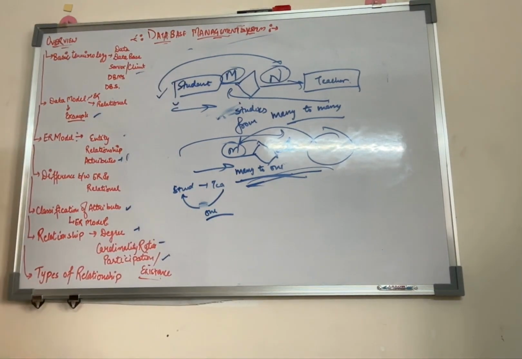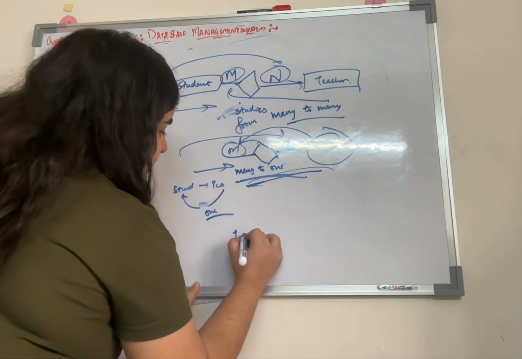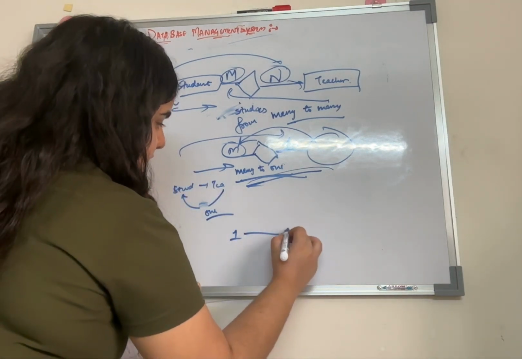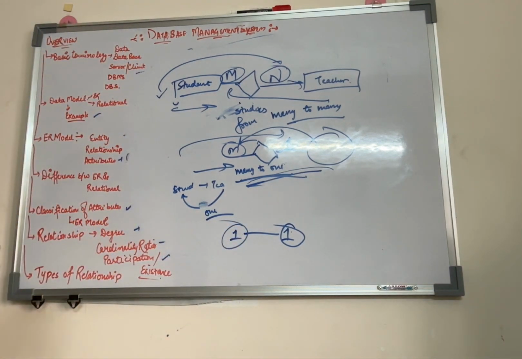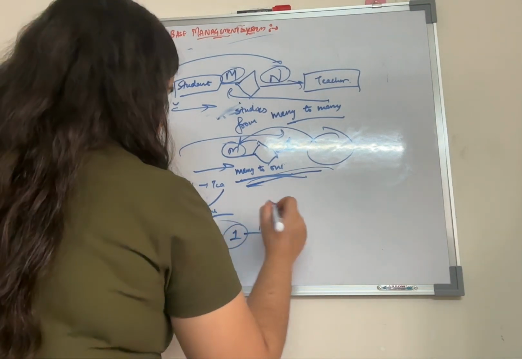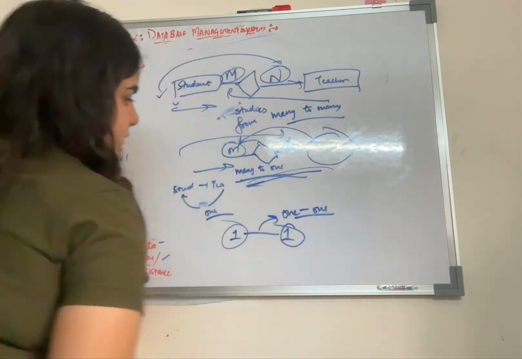So keep this in mind. And also, if I put the condition that only one student can study from one teacher and a teacher can teach only one student, then it will be a one-to-one relation.